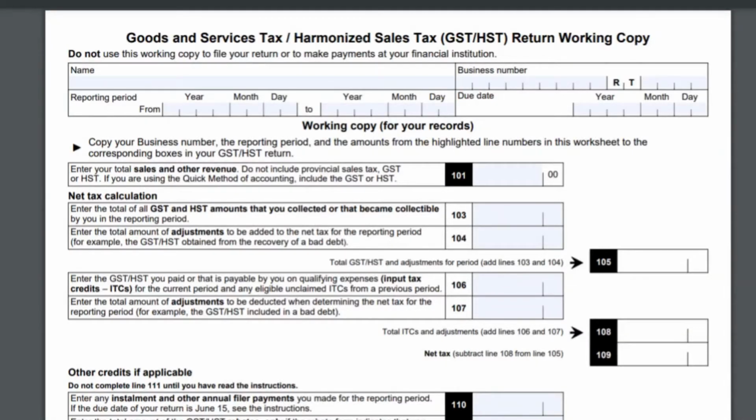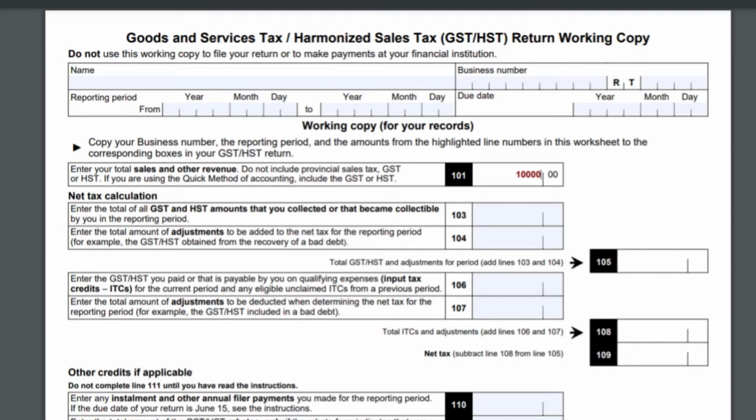Now, you might be eligible to claim some of these taxes as credits and reduce your total GST HST tax return. So every year that you file your GST HST return, you'll enter the GST HST collected, which is the total sales tax that you collected from your Amazon customers.